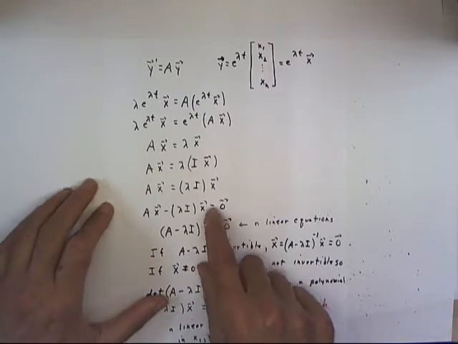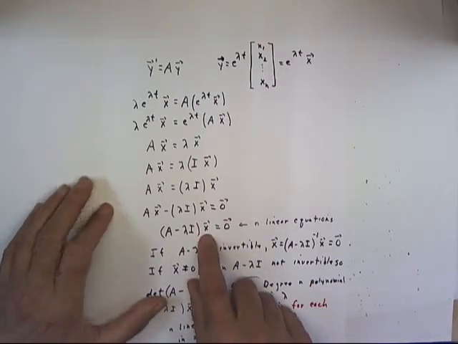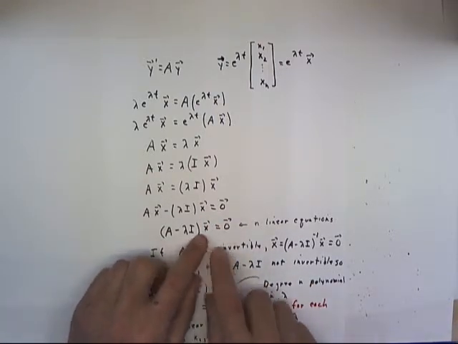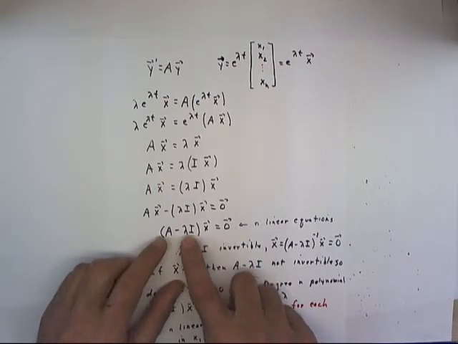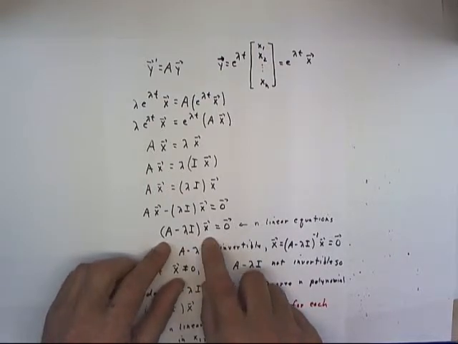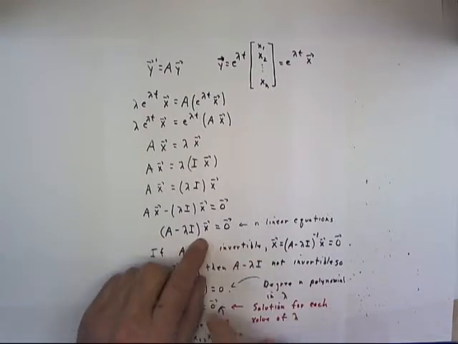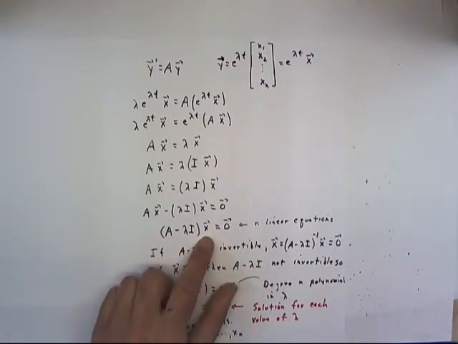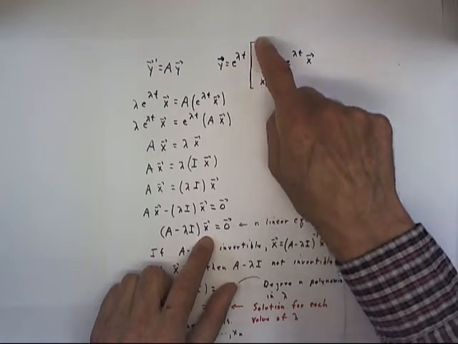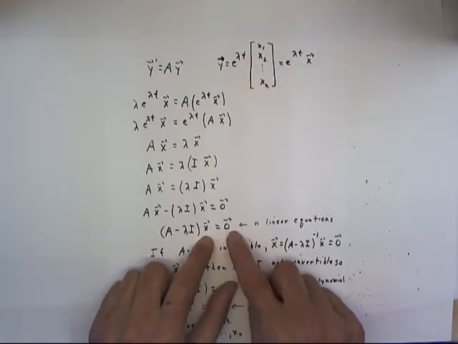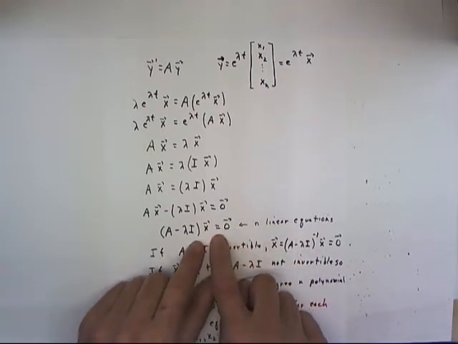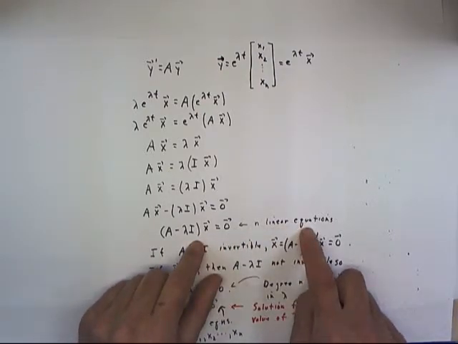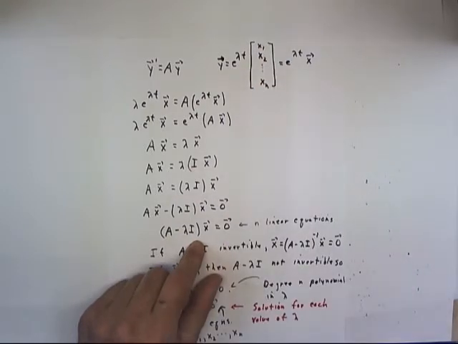We get a series of multiples of these original x values, so that this product gives us an n-component vector with n different expressions, each being a linear combination of the original x1 through xn values, and that has to be equal to the 0 vector, so every component has to be equal to 0. That means that we have n linear equations in x1 through xn.